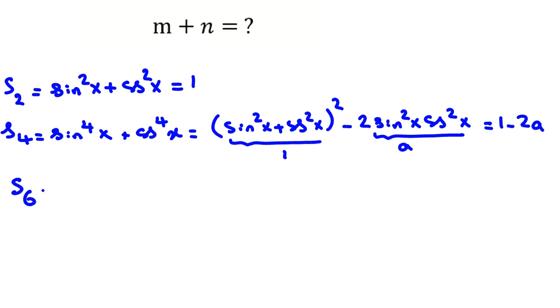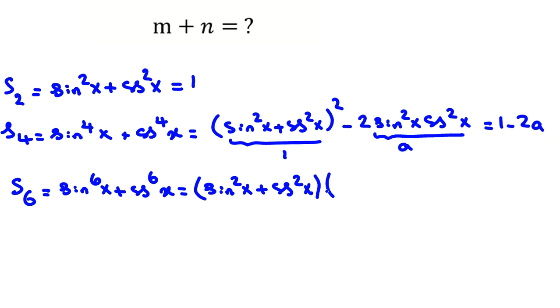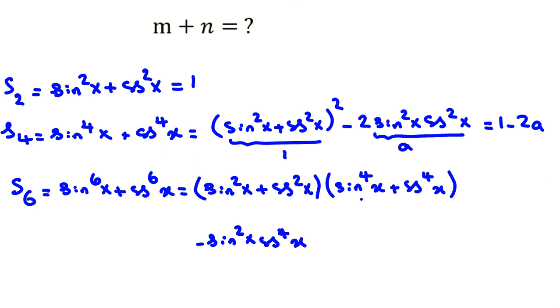Let me tell you, for example, for S6, you say sine 6x plus cos 6x. You can use this for all of them. You say sine squared x plus cos squared x times sine 4x plus cos 4x, and then look what things you should subtract: sine squared x cos 4x and sine 4x cos squared x.